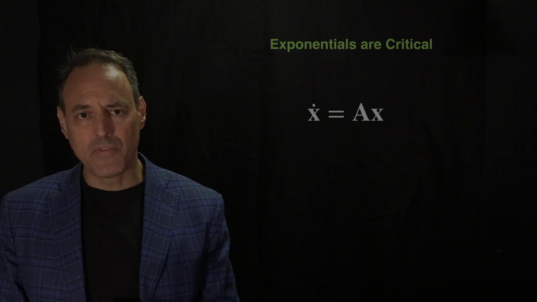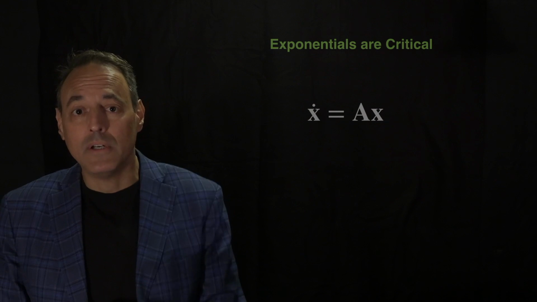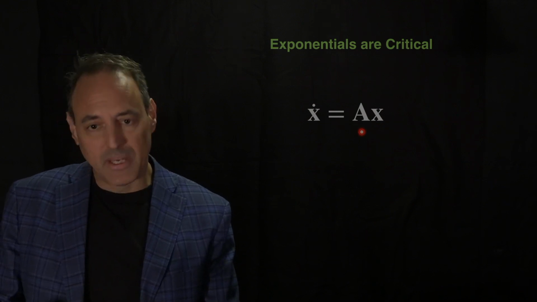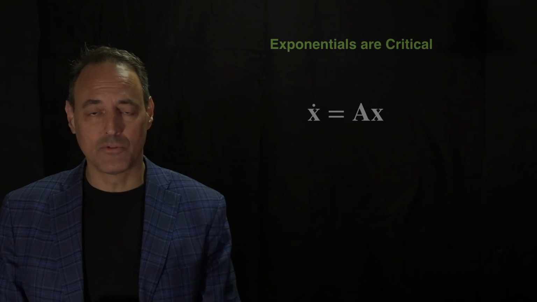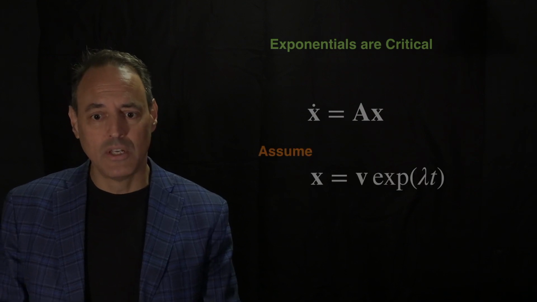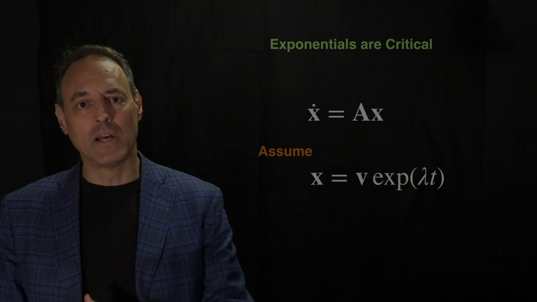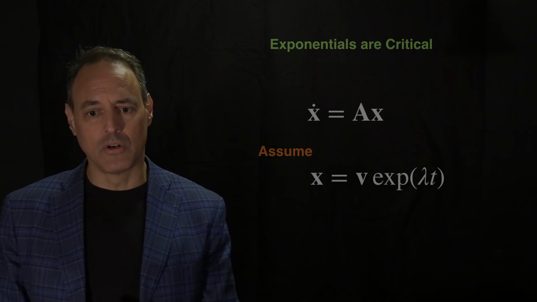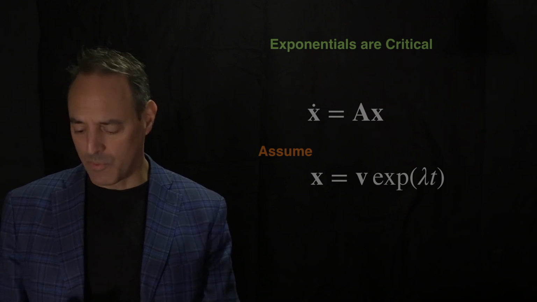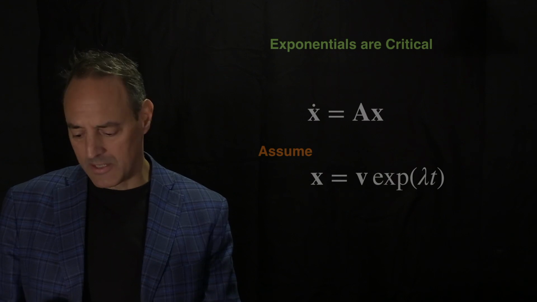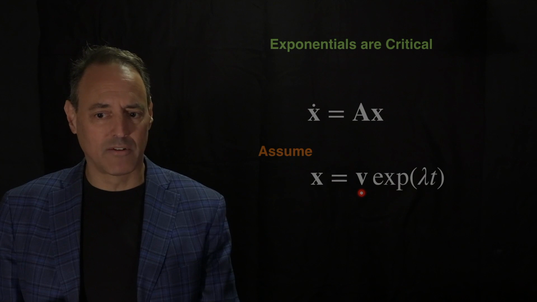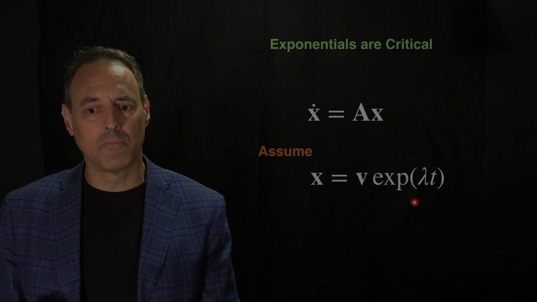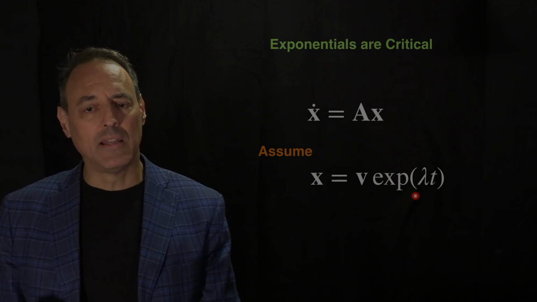So when we think about this linear dynamical system characterized by the matrix A, the way we solve this simple differential equation is to assume an exponential solution. We plug in a solution ansatz of this form, where x can be a vector, so it'd be some vector v, and you put all the time dependence in the exponent, e to the lambda t.